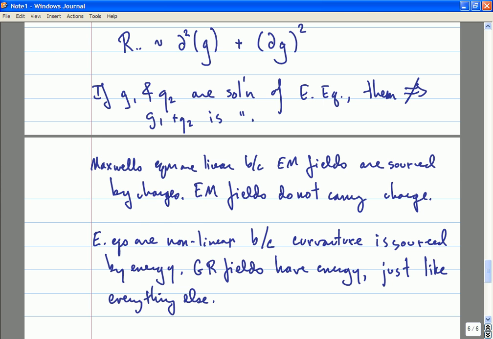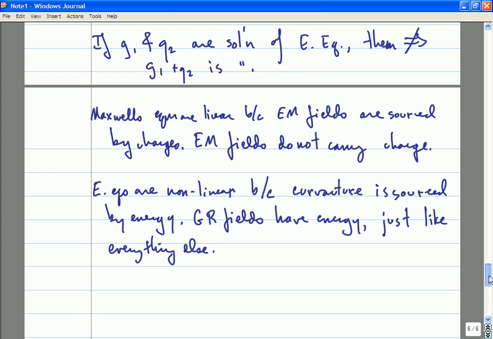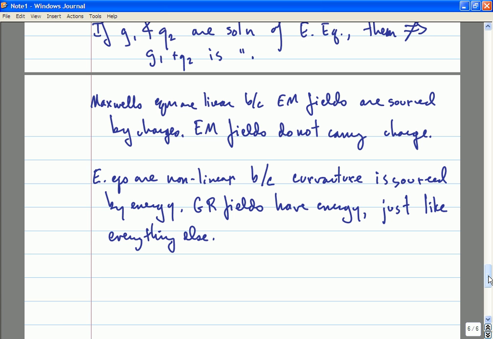I should actually mention that there are more complicated versions of Maxwell's equation where photons do carry charge. They're known as Yang-Mills theories, and they are the theories that describe the elementary particles.